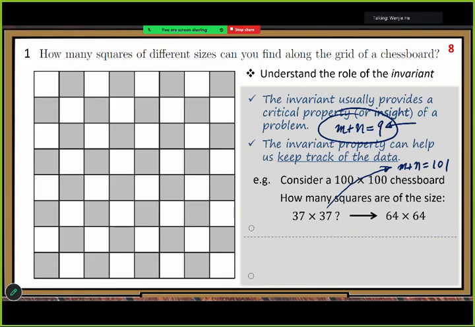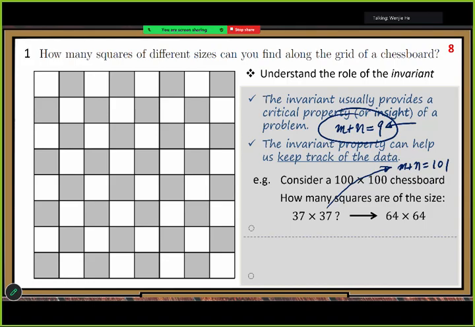Think about it: without this invariant concept, it may not be easy to get this 64, right? Because it's hard to do the counting with the specific work. In your mind, you get lost when you do the counting. It's hard to keep track of the data.